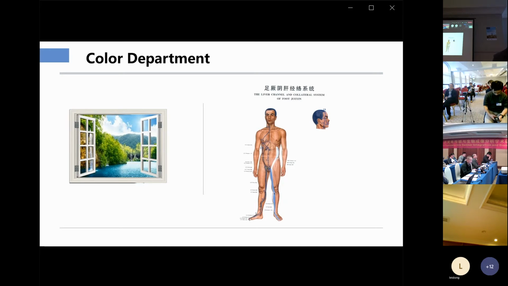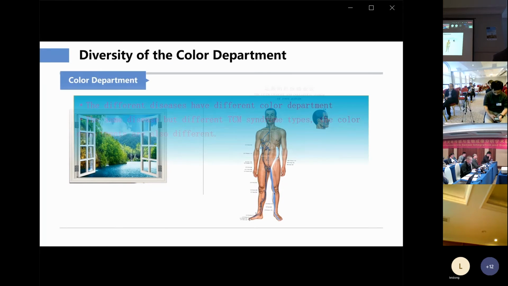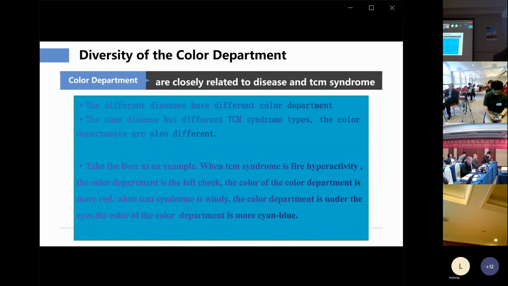So the color department is like the window to check this. The color departments are closely related to disease and TCM syndromes. Different diseases have different color departments. And for different TCM syndrome types, the color department is also different.